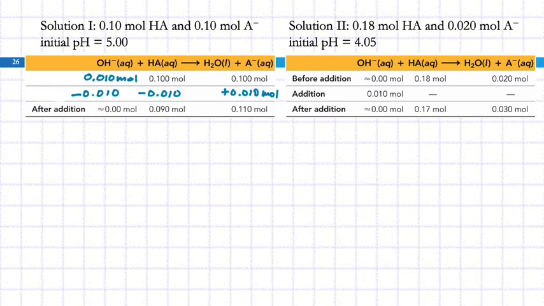We've added something to the solution. We're going to assume that the reaction occurs completely, and then we deal with the equilibrium. So these are the moles of substances afterwards. And I believe this was a 1-liter solution.